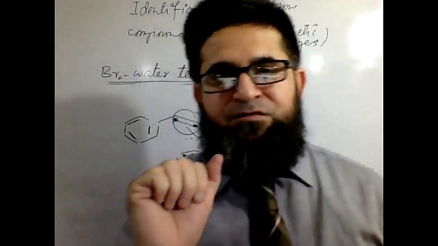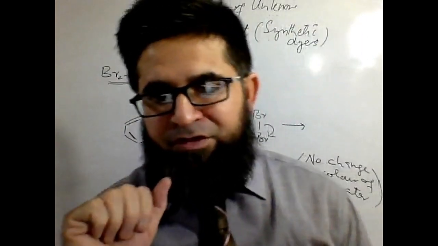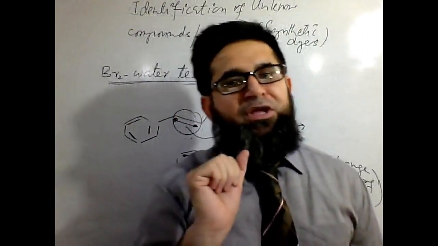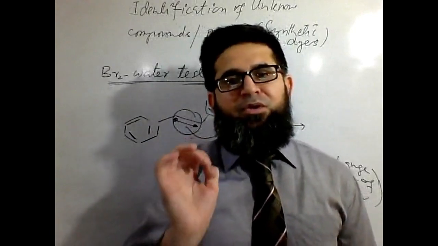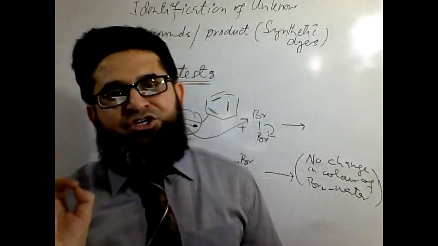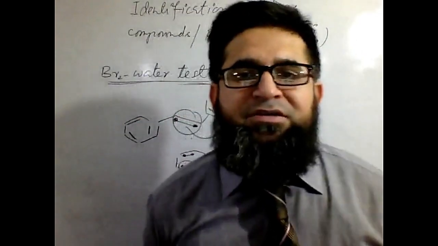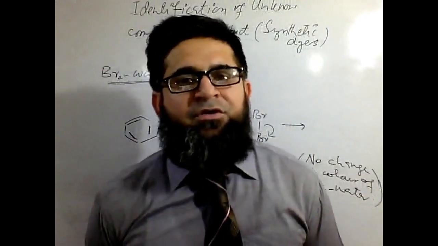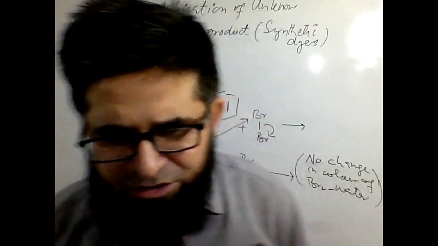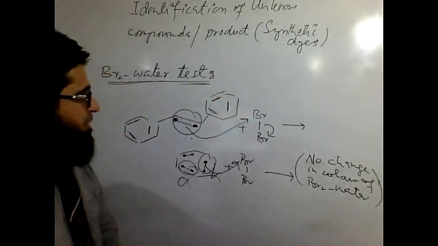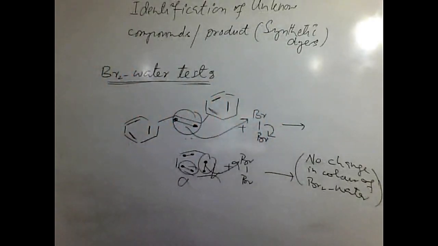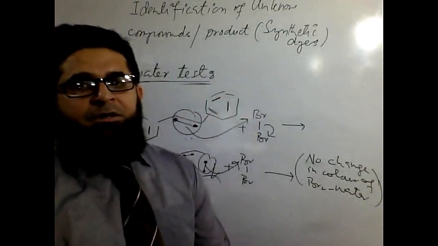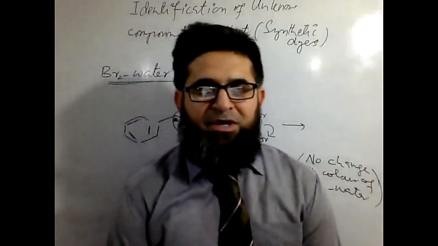As I've tried to convey to you, bromine molecules are supposed to react only where double or triple bonds are present. Otherwise, they are insensitive towards any other sort of functionality. So this is what I'm trying to convey about the chemistry of the bromine water test with different types of molecules.